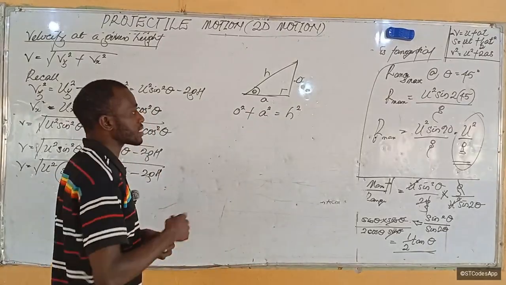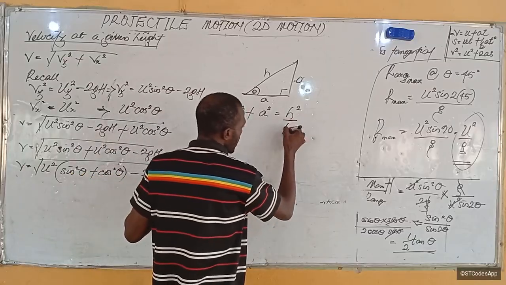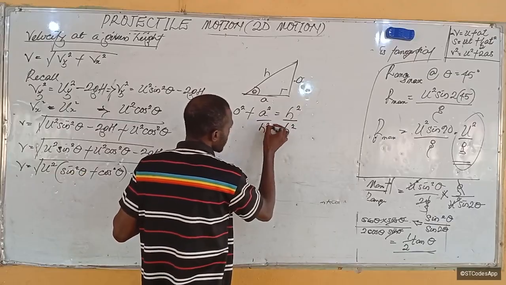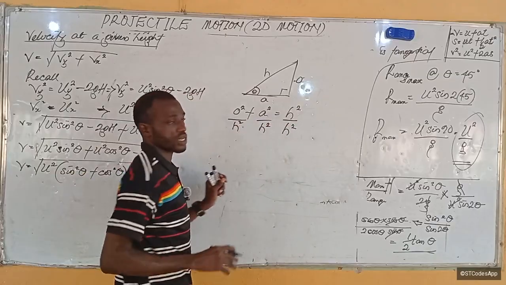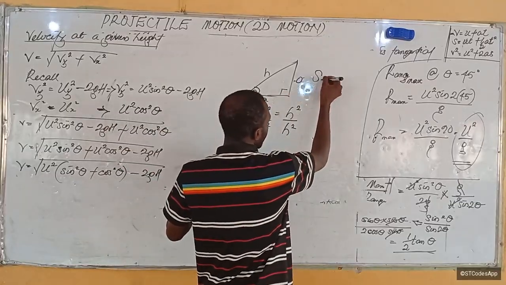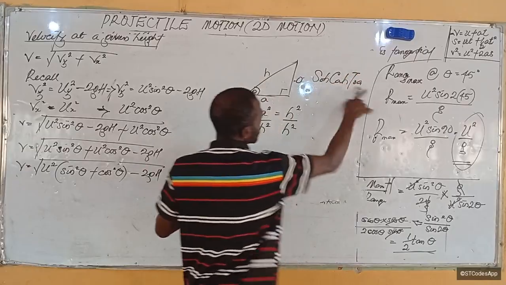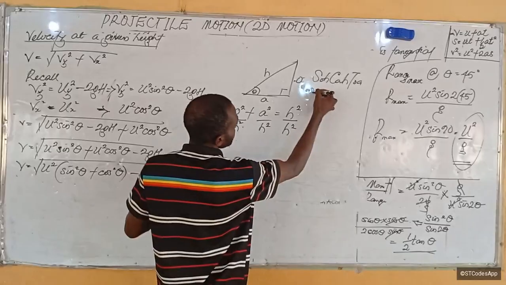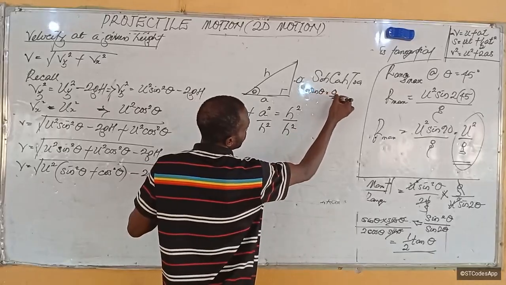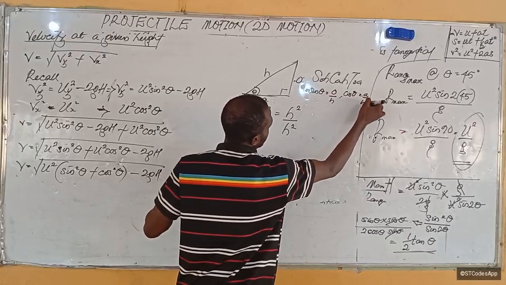I just want to manipulate things. If I divide through by h squared, I divide everybody by h squared, so I've not changed anything. First remember SOH CAH TOA. Remember this, right? That sine theta is equal to opposite over hypotenuse, and that cosine of theta is adjacent over hypotenuse.